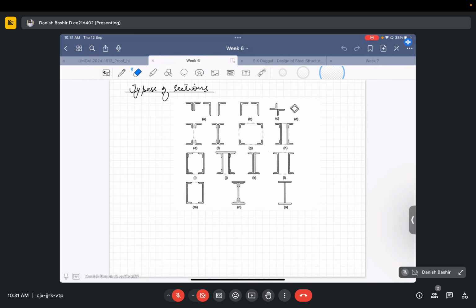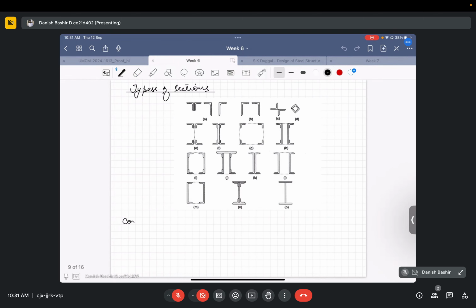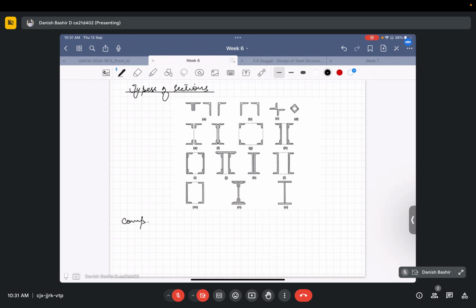A compression member has two important properties.